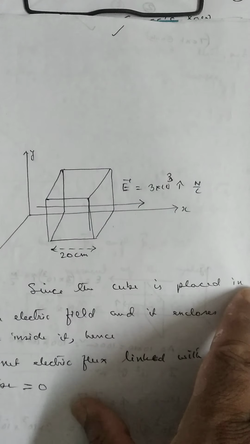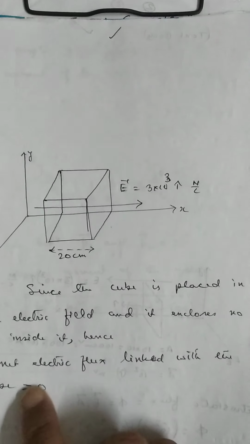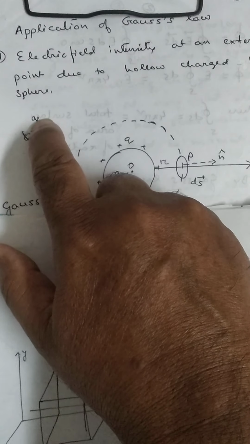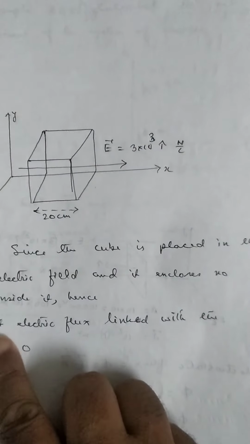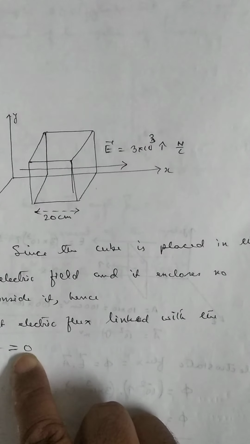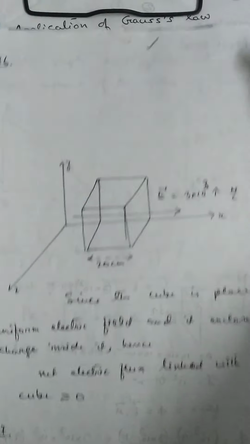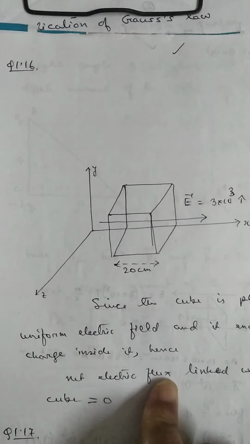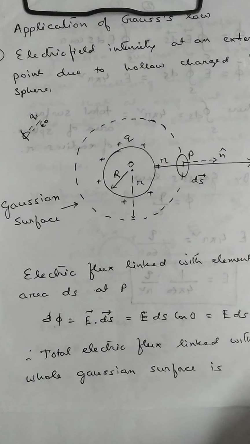Since the cube is placed in the uniform electric field and it encloses no charge inside it, here q is 0. So phi is 0 by epsilon 0. Therefore the total electric flux linked with the cube is equal to 0. That means in question 1.16, the total electric flux linked with the cube is equal to 0. Okay, today I stop here.